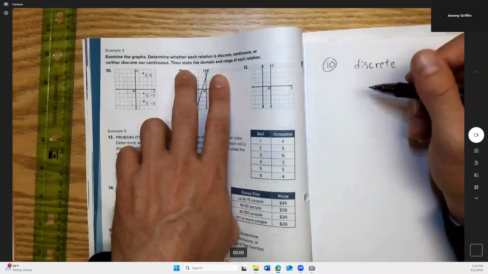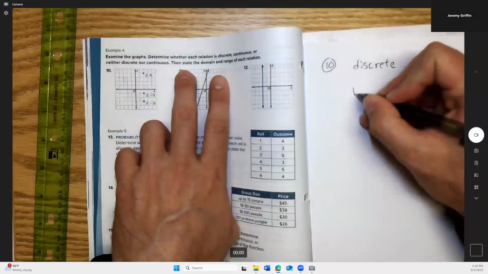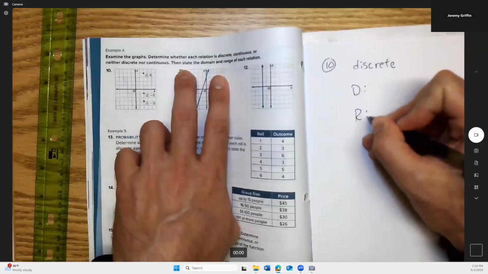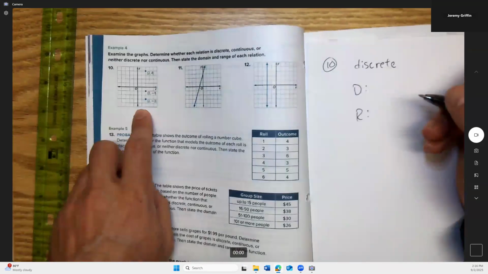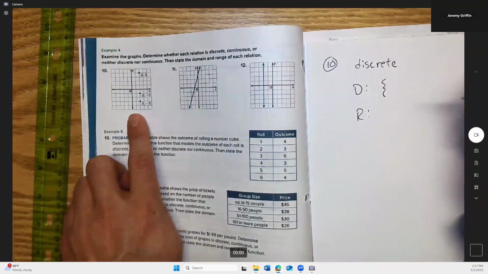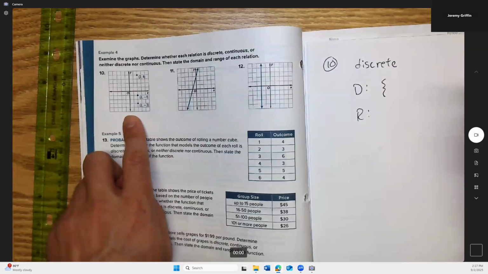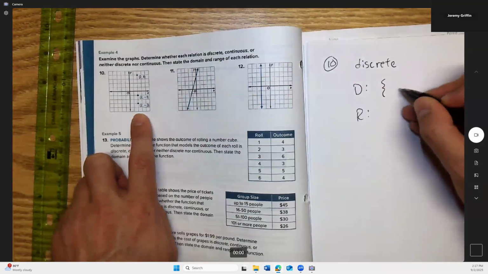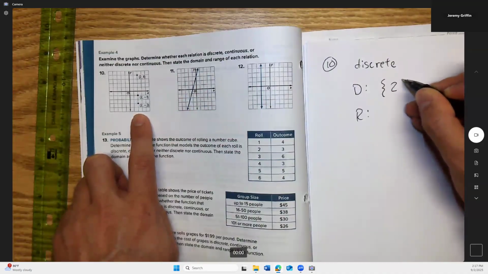State the domain and the range. Let's do D for domain and R for range. Now, since this is discrete, should I use parentheses or curly brackets? Curly brackets. For discrete, always use curly brackets and then just list the values. What would you write to finish off the domain? 2, followed by a close curly.